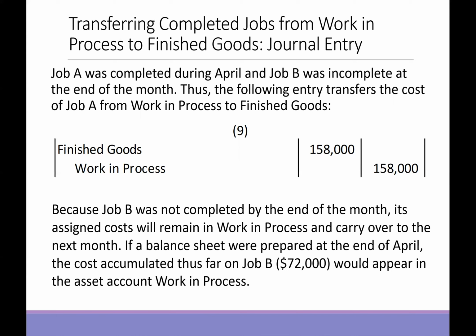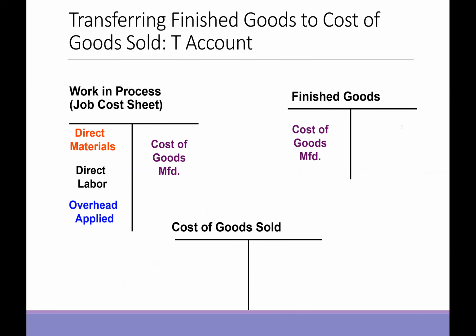So the following entry transfers the cost of job A from work in process to finished goods. Since job B wasn't completed by the end of the month, its costs stay in work in process and will carry over to finished goods the next month. So you see, at the end of April, the cost accumulated for job B would remain in the asset account work in process.